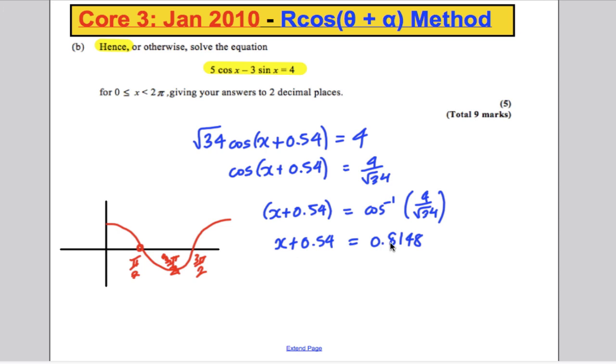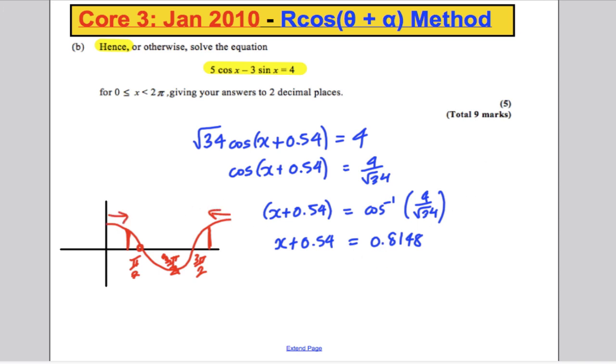So you've got 0.81, and 0.81 is somewhere here. So there'll be another solution over here, i.e. 0.81 back from 2 pi.